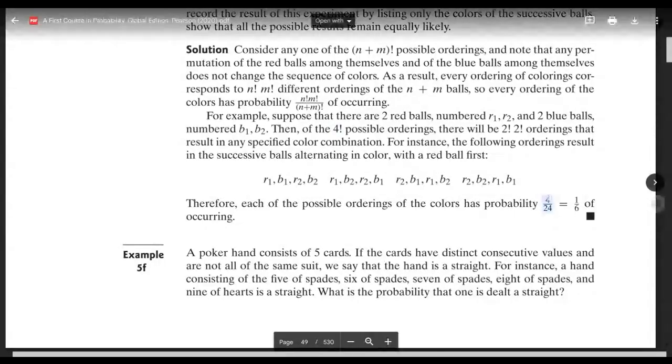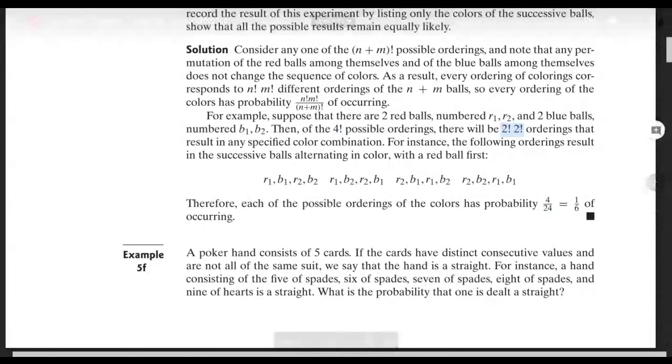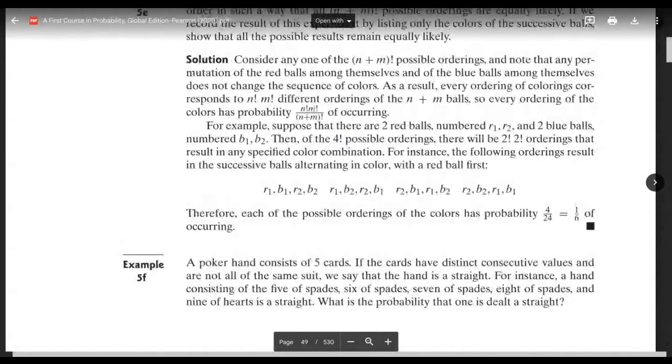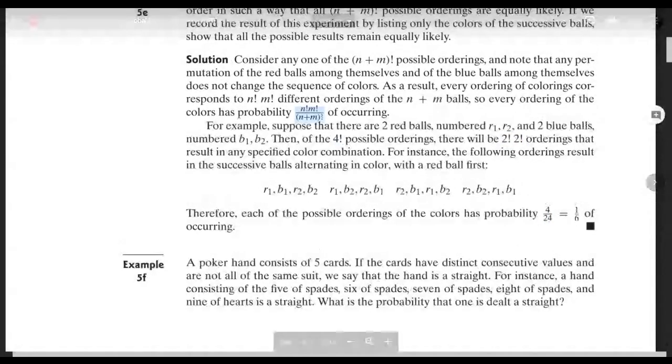Where did we get 4? 2 factorial times 2 factorial. So this is 2 factorial times 2 factorial divided by 4 factorial, which is 4 over 24. So this is just to show one example of this, because again, this is a permutation, and we treat each card, even with the same color, differently.